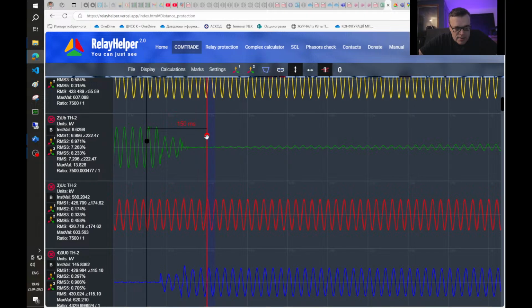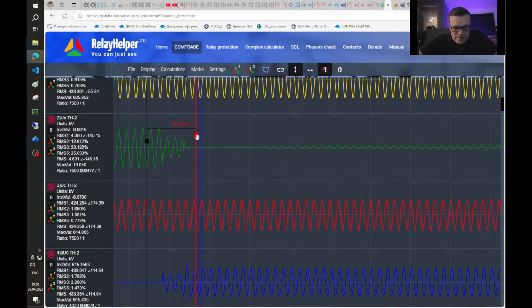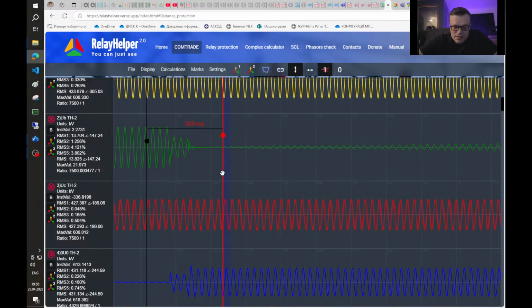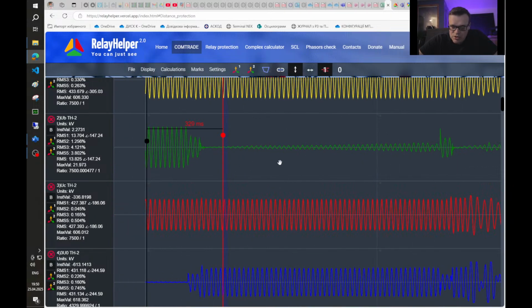And here it starts to decrease to not usual levels, but it decreased a lot, because at the start of the process the second harmonic is 153% of the first harmonic, and here it's like 3 or 1%, and also we can see that voltage on this tripped phase started decreasing.